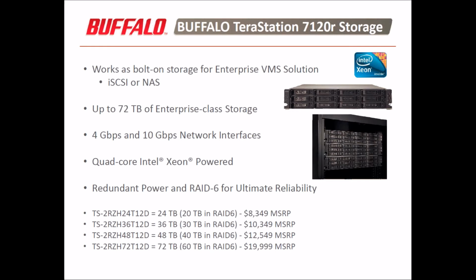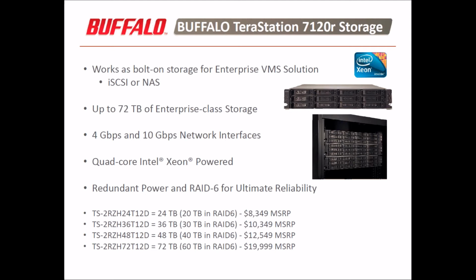And then finally, our TerraStation 7000. If you have an existing VMS using one of the top VMS software, like IP Configure, Genetec, Milestone, ONSSI, any of those, and you're looking for increased storage retention, or maybe you're going to add new cameras and you need more storage, our 7000 boxes can come in as raw storage for an existing VMS.